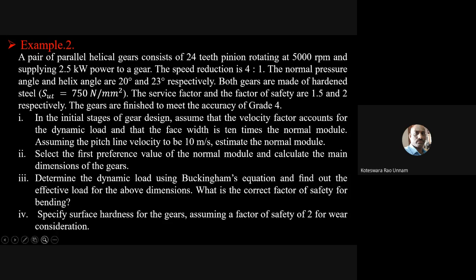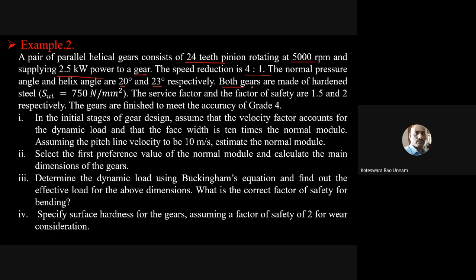So this is the problem data. In the problem data, he has given the number of teeth on the pinion and the speed reduction, which means you can calculate the number of teeth on the gear also. Speed reduction is 4:1, so 24 into 4 is the number of teeth on the gear. The pinion speed is given, power transmitted is 2.5 kilowatts, normal pressure angle is 20 degrees and helix angle is 23 degrees.